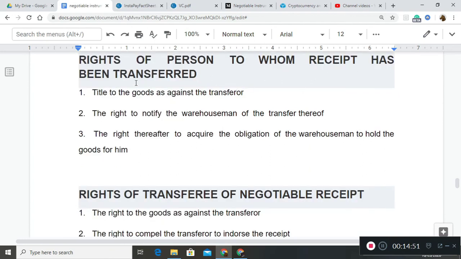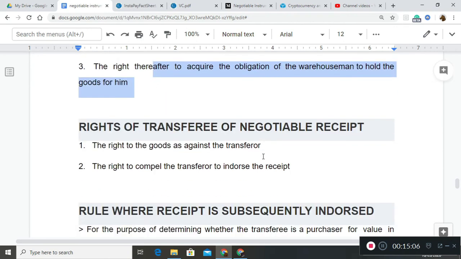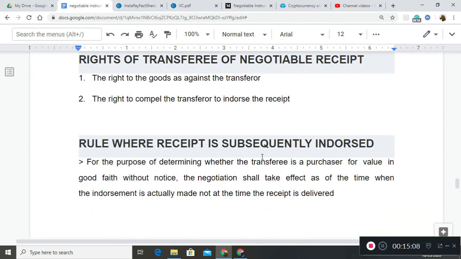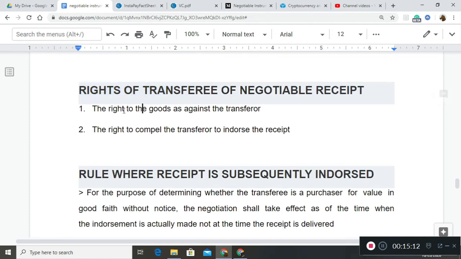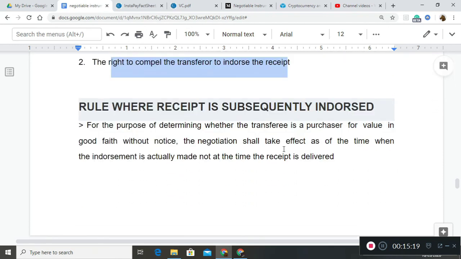But if the receipt was merely transferred, then he gets title to the goods as against the transferor, the right to notify the warehouseman of the transfer, and the right to acquire the obligation of the warehouseman to hold the goods for him. Rights over transferee: a right to the goods as against the transferor, and the right to compel the transferor to endorse the receipt.